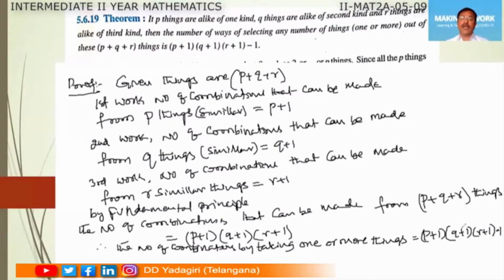That is, without taking any element, we will always get one combination. So that is minus 1. This minus 1 always represents what here? The combination made without taking any elements.